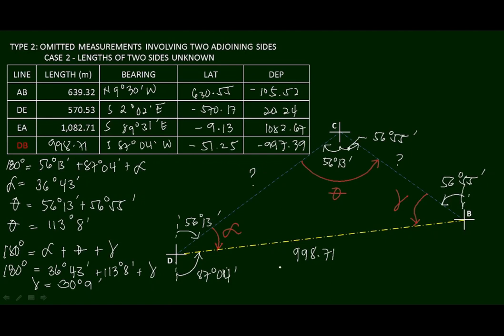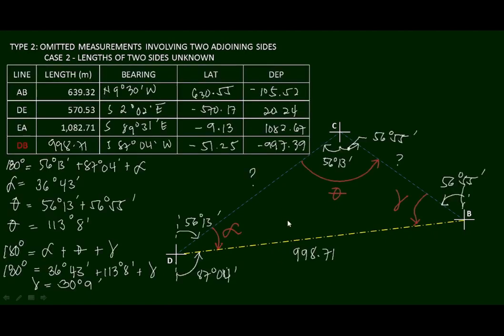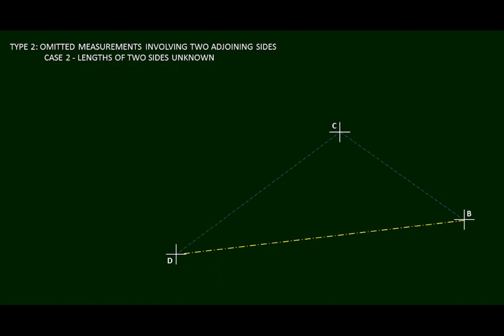So, I'm going to apply here my sine law. So, ulitin lang natin yung sinulat natin kanina. This is my alpha. This is my theta. And this is my gamma.